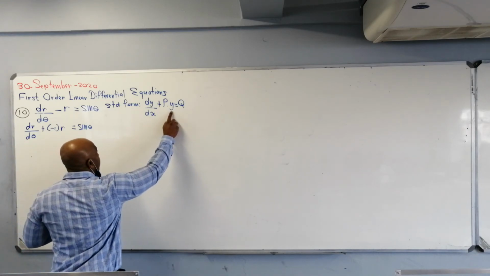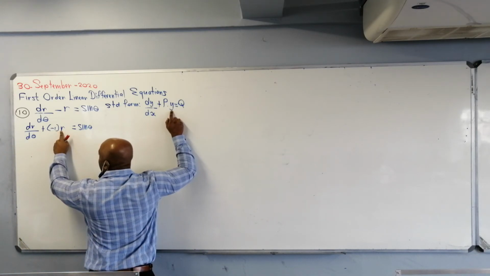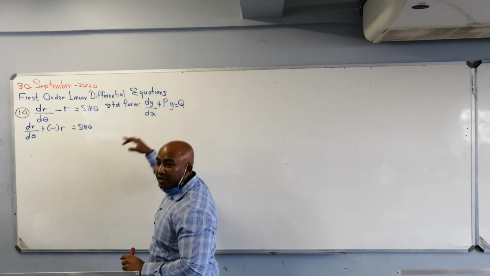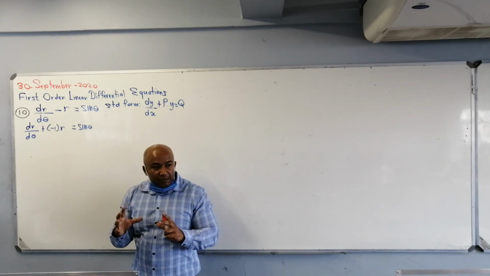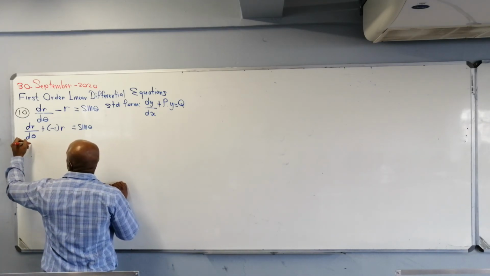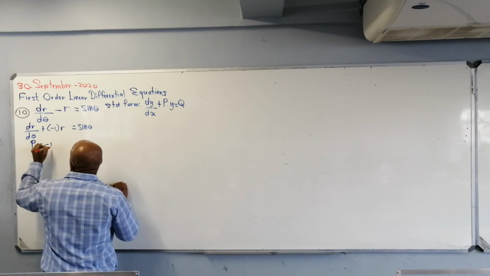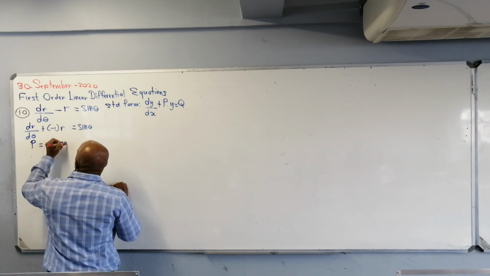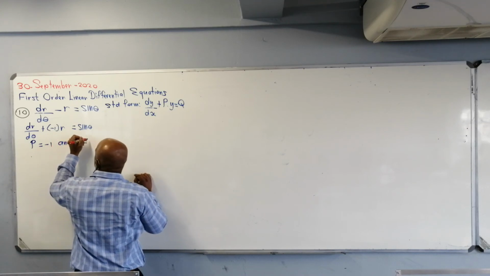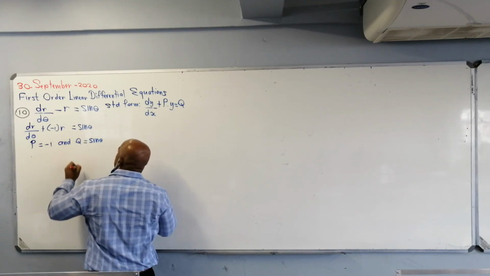Remember, this y is now r. So what I want is a positive, and I want to write down p within brackets. So now I can identify my p. So p is equal to minus 1. And Q, the right hand side here, is sine theta.